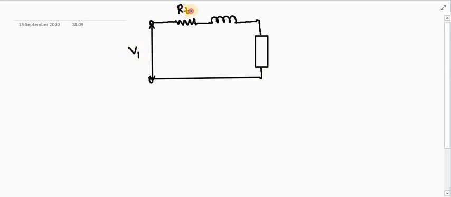This will become RT1, the effective resistance of the transformer referred to the primary side, and this will become XT1, the total effective reactance of the transformer referred to the primary side. And now this current will be I1. I have to transfer ZL to this side, so it will become ZL dash. And what is this? This is nothing but V2 dash, which is equal to V2 upon K. So this is the approximate equivalent circuit of the transformer, referred to the primary side.